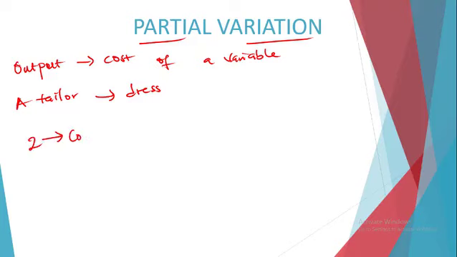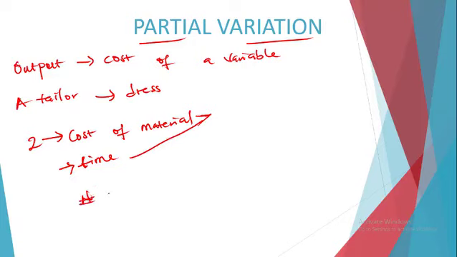We talk of the cost of material, and then we talk of the time that will be used to make the dress. These two factors are the determinant of the cost of a dress. So if a dress costs $2,000, it depends on how long it took the tailor to prepare it, and the cost of the material.